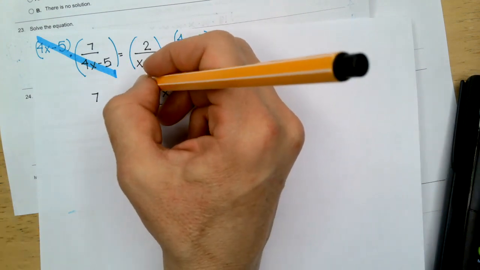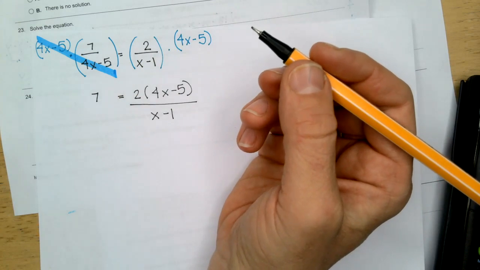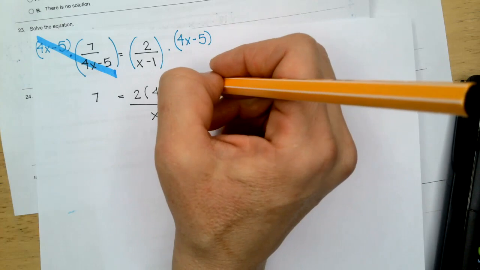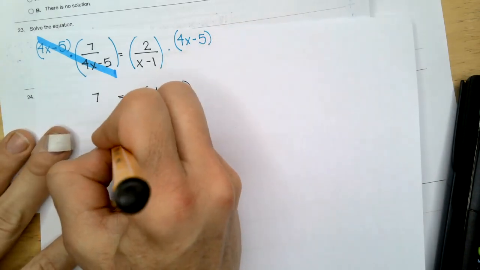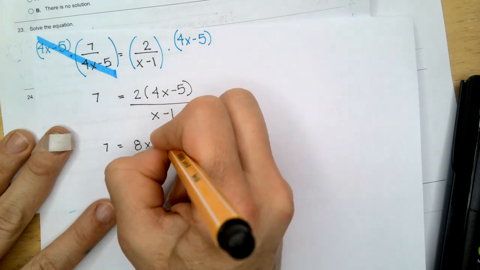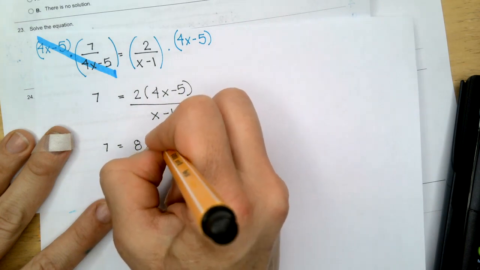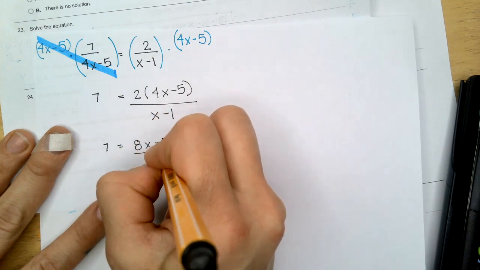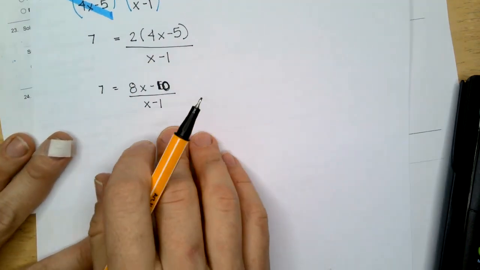You can distribute the 2 or not. It doesn't matter, okay? Let's do it. 7 is 8x minus 5, minus 10. The whole reason I'm rewriting it is to distribute over x minus 1. So it looks a little bit nicer. You don't have to do that though.